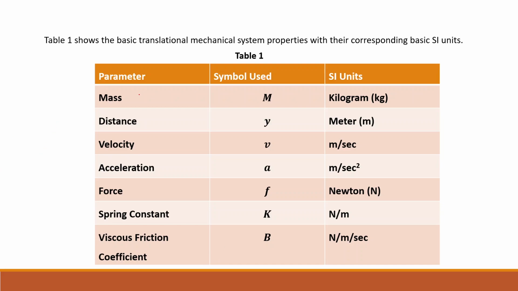So mass, reference inertia, the analogous electrical quantity will be inductance. We are applying displacement or a distance, rather it should be displacement. Here it is written distance. So we are applying a distance or displacement, so we represent it using voltage.